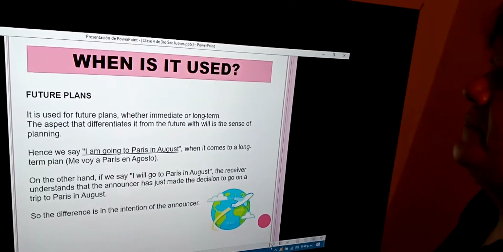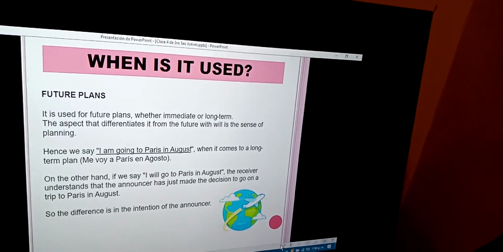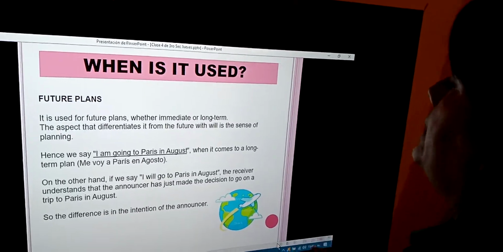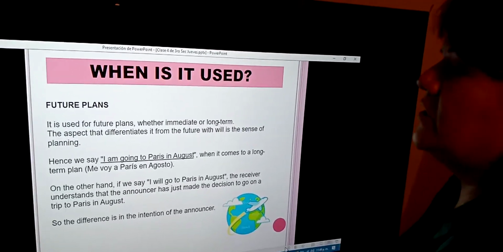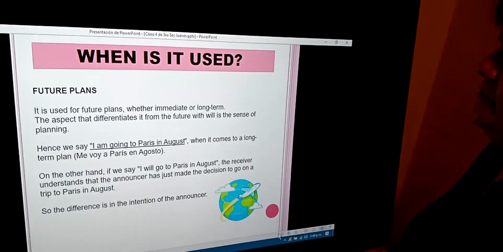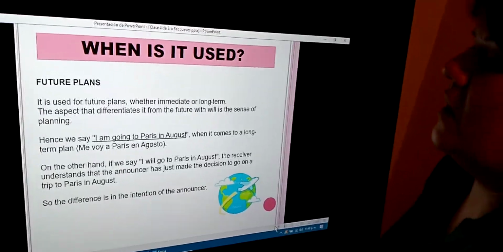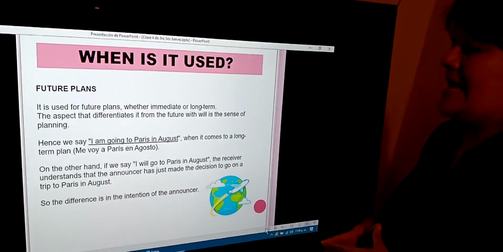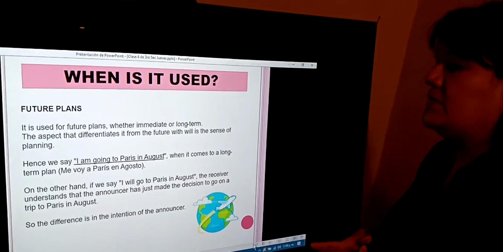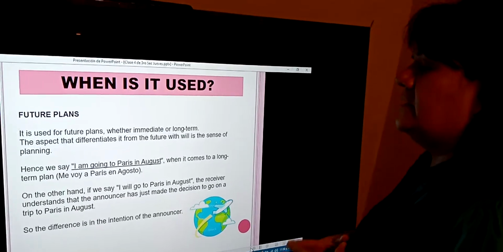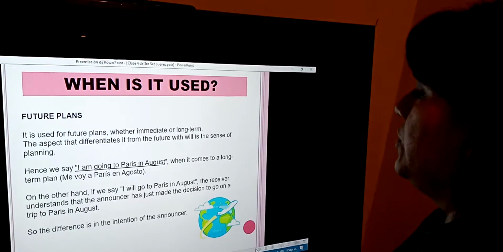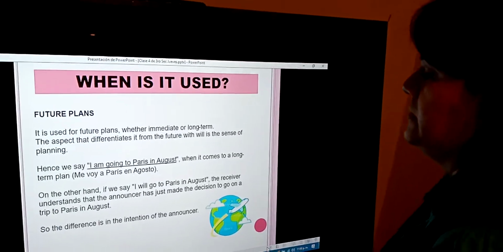Like right here, we say, I'm going to Paris in August. When it comes to a long-term plan, in Spanish: me voy a París en agosto. On the other hand, if we say, I will go to Paris in August, the receiver understands that the announcer has just made the decision to go on a trip to Paris in August.